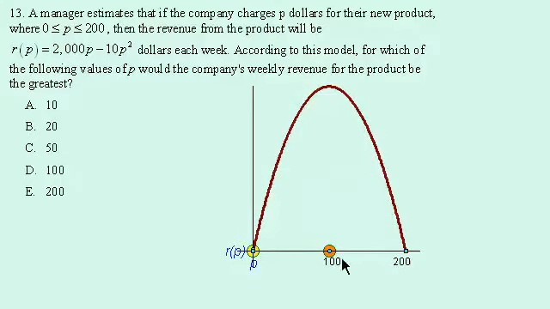The parabola is opening downward, the domain is between 0 and 200, and as the number of items, which is p, is produced, the profit is increasing.